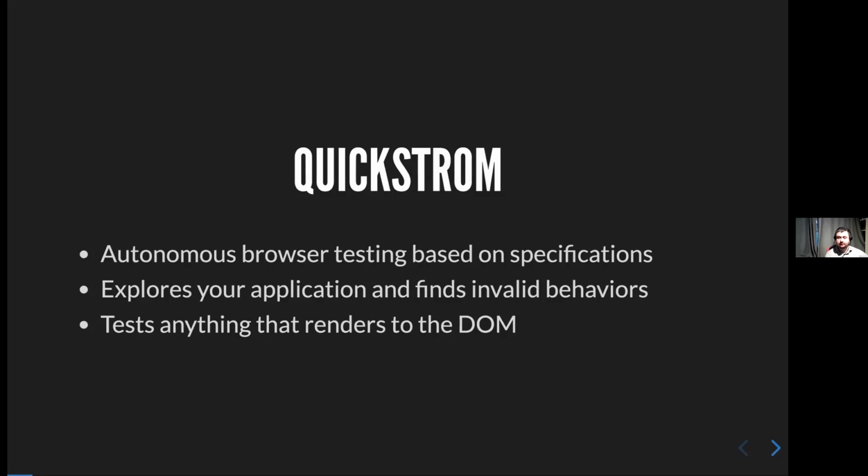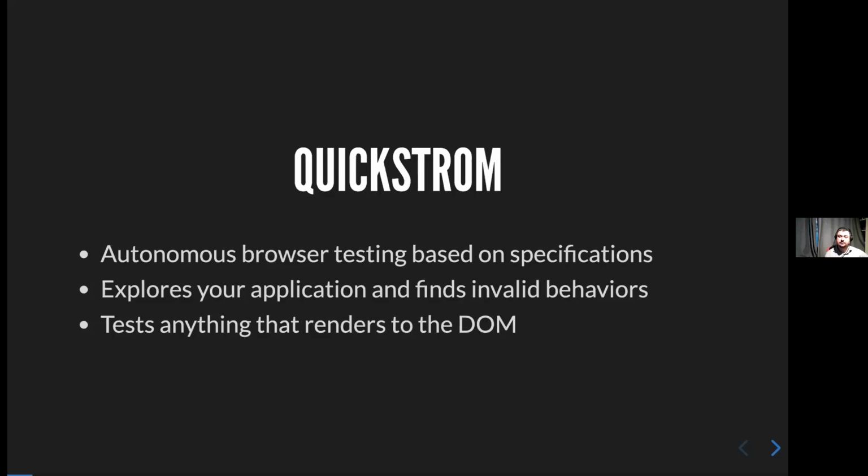Instead you have general specifications of what is valid behavior of a system, much like you have properties in property-based testing, if that's something that you've heard of. Then Quickstrom, the tool, explores your web application for you and finds behaviors that are invalid, if there are any.